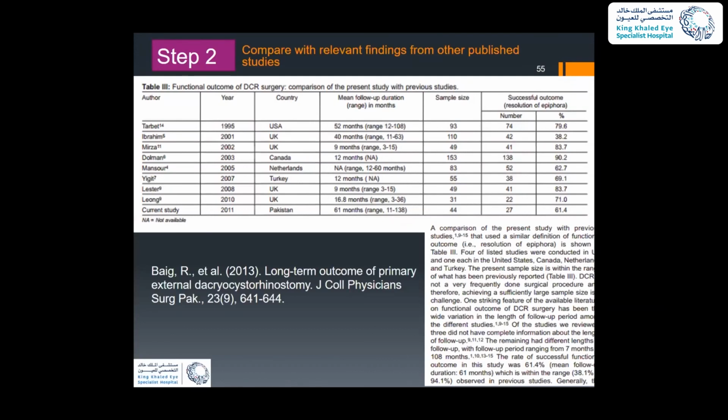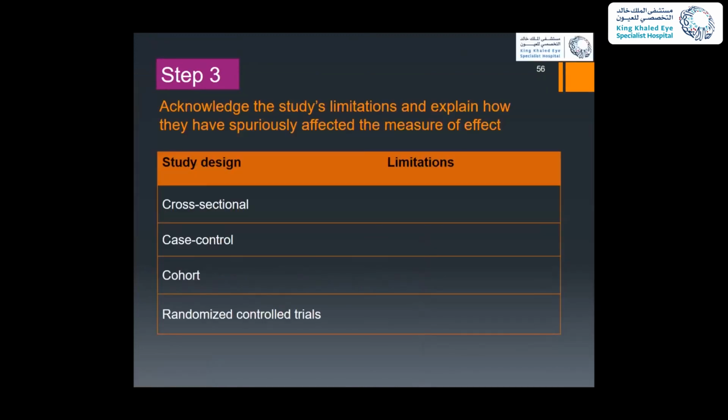This is a study on DCR, where recurrence of watery eyes, or epiphora, was the outcome. Everywhere in the literature it was mentioned that it has a 100% success rate, and when we listed this in the table, in none of the studies was the outcome 100%. The success was never 100%.